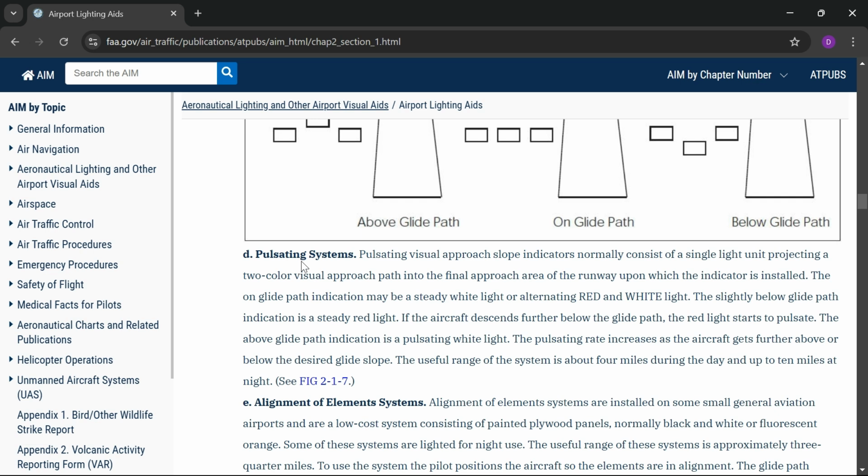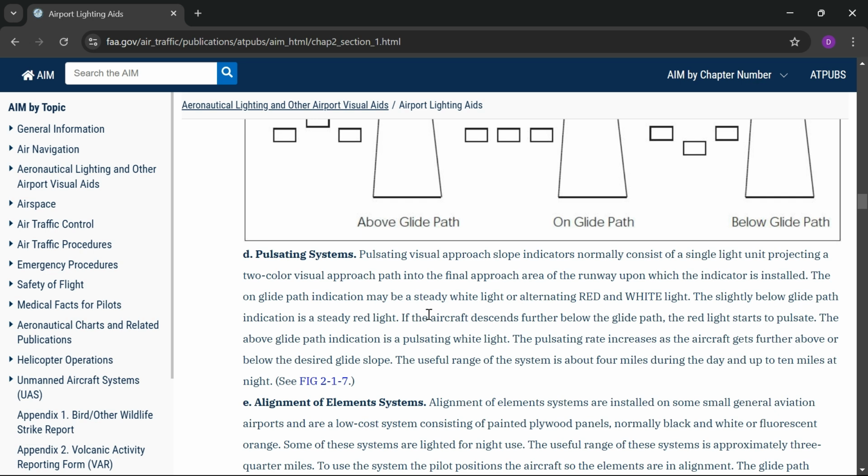All right. Pulsating systems. Pulsating visual approach slope indicators normally consist of a single light unit projecting a 2-color visual approach path into the final approach area of the runway, upon which the indicator is installed. The on glide path indication may be a steady white light or alternating red and white light.